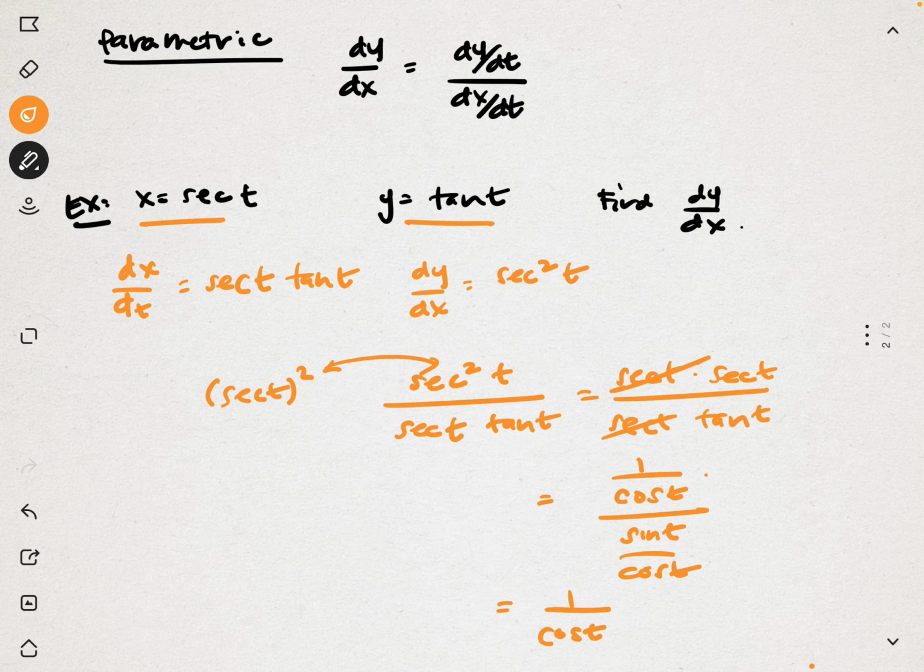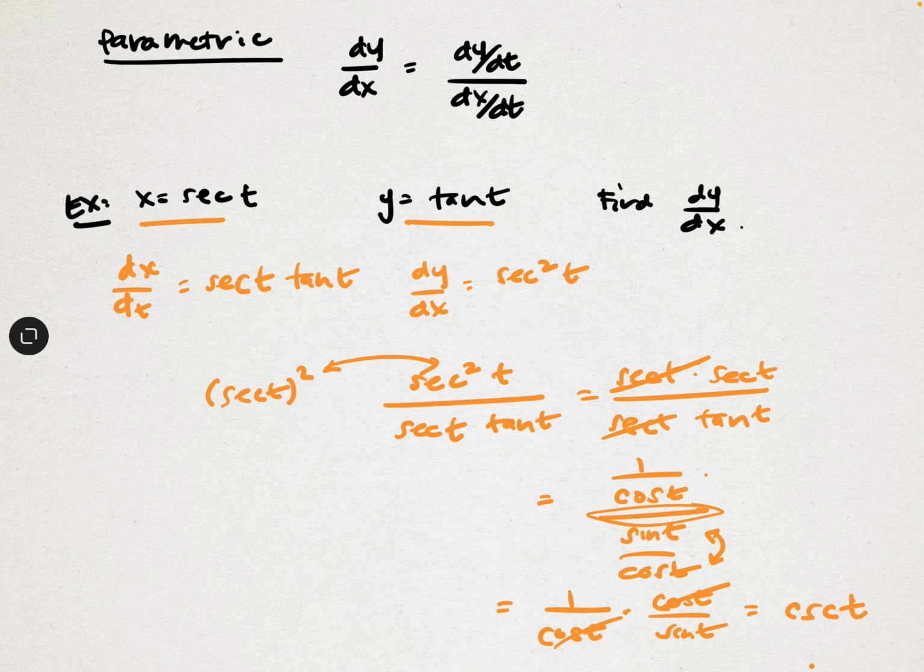We talked about this in Algebra 2 and in pre-calculus. So anytime we have a complex fraction, we can change the division to multiply by the reciprocal of the denominator, right? So we're going to flip that, cosine t over sine t. These cancel, so we have 1 over sine t, which is cosecant t.